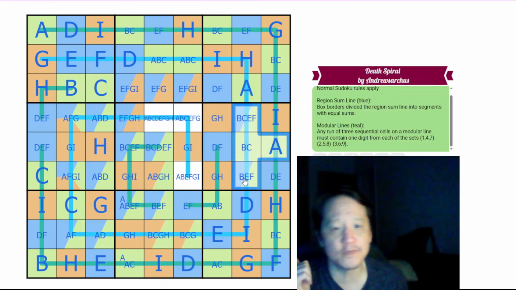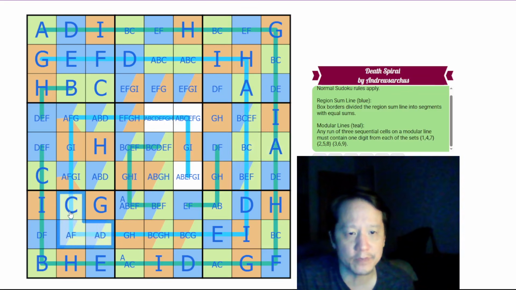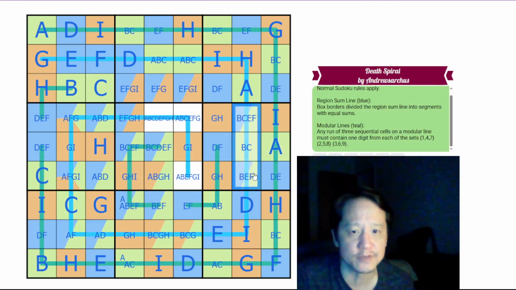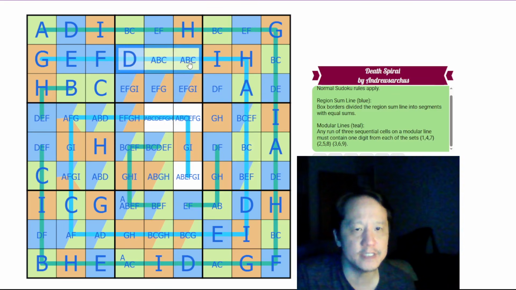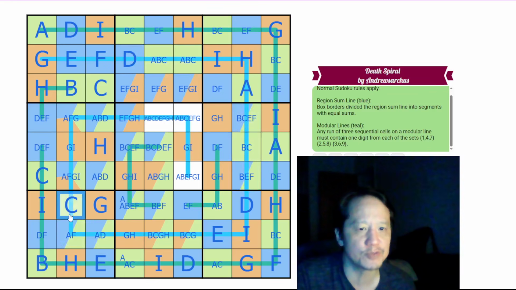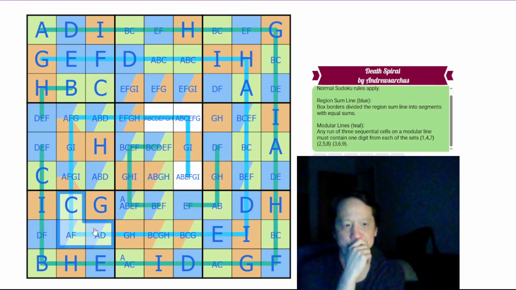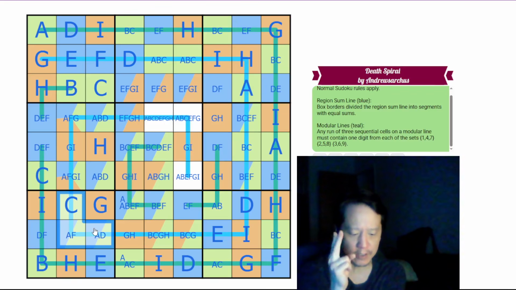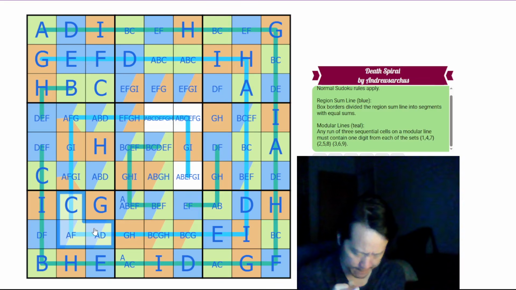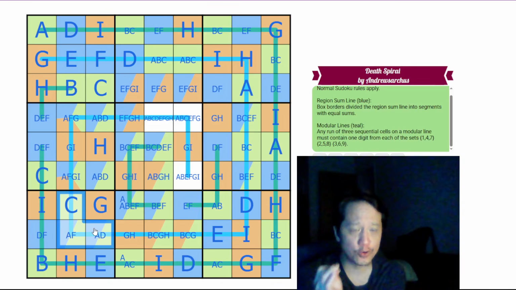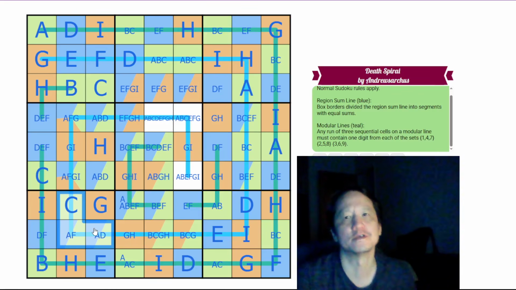So if you have FCA here, you have to have this be a different set because it cannot be A and C here. It's B and C here. And you can't have D with A and C here if this is F, C, and A. So this must be D, A, B. So these have to be three separate sets adding up to the same sum. And therefore it would have to be 2 mod 3 for the greens if that were the case.